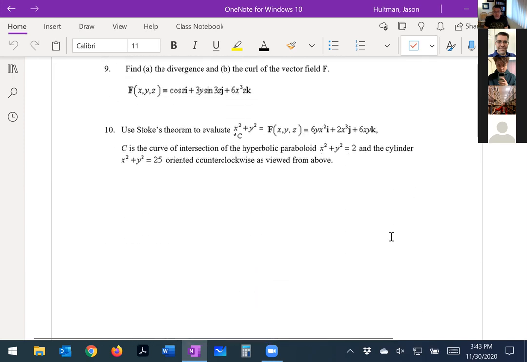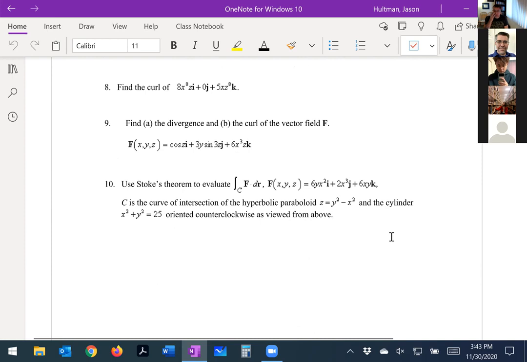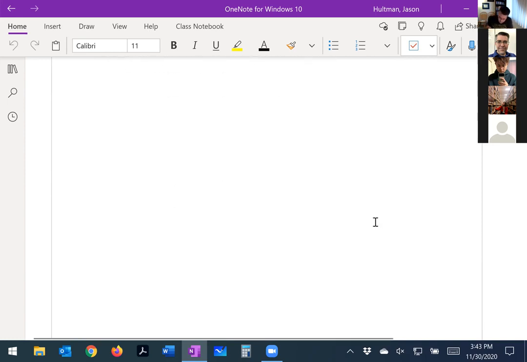Let's look at number 9 here. It says find the divergence and curl of the vector field. So let's do number 9 first. Go ahead, Hong.